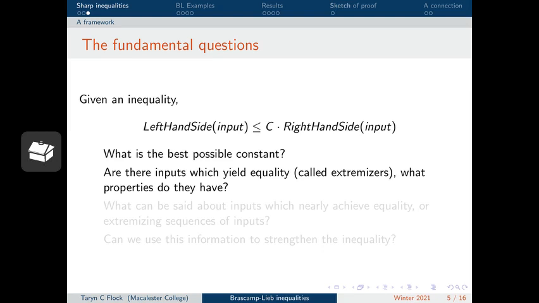Moreover, are there inputs that actually yield equality? We'll refer to these as extremisers. What properties do they have? Are they symmetric, like circles, for example? Or in terms of functions, are they differentiable? What sort of asymptotic decay do they have? Can I, if I'm very lucky, write down a formula? What are the properties here?